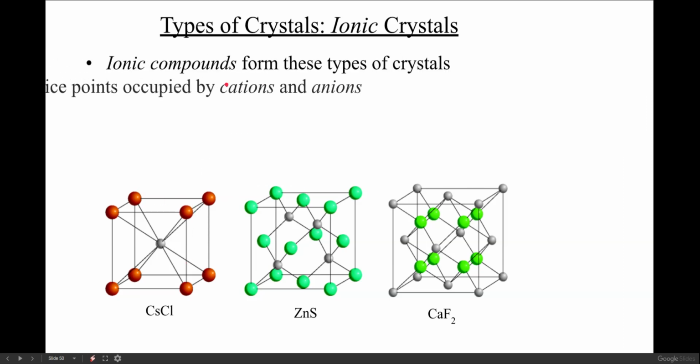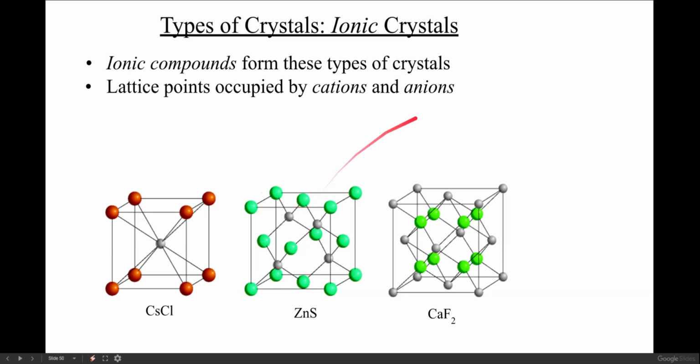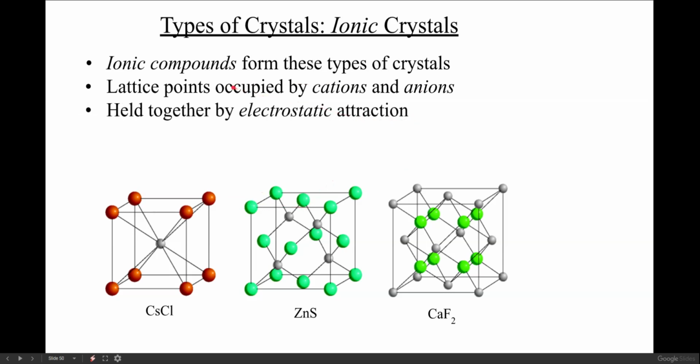So again, ionic compounds. Lattice points are made up of ions, positive, negative, positive, negative. And we should already know that it's an electrostatic attraction. And we should already know that these crystals can be hard, but they're brittle. So if you put enough force to break them, they don't smash, they don't flatten like a metal, they will just break apart into little bits.